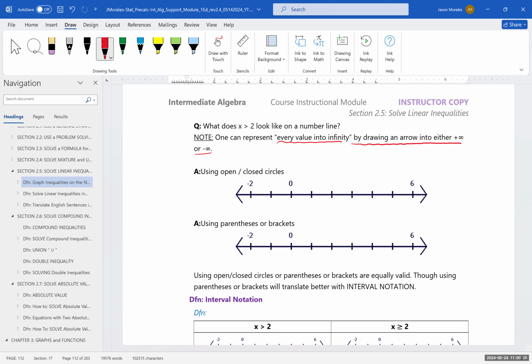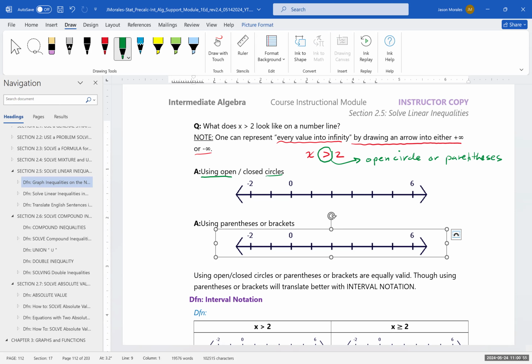Because we've got x greater than 2, this greater than means that we're going to use an open circle or parentheses. So here we're going to represent x greater than 2 using an open circle. So we're going to put an open circle at 2. So here's 2.